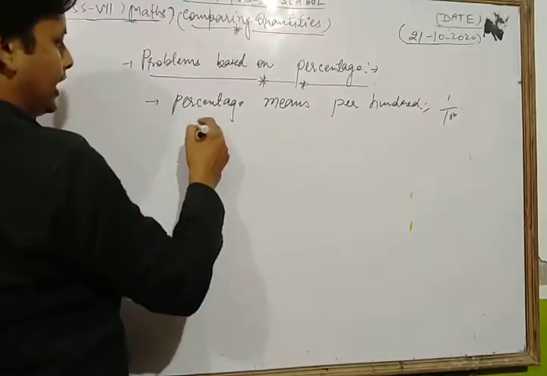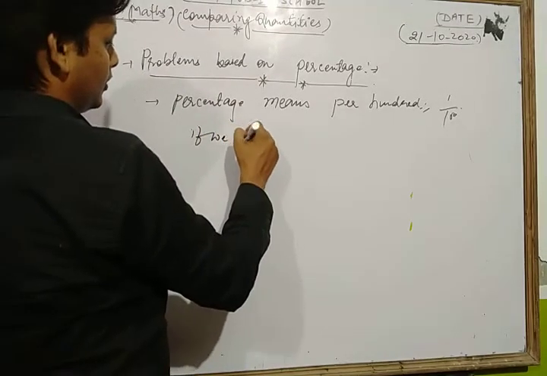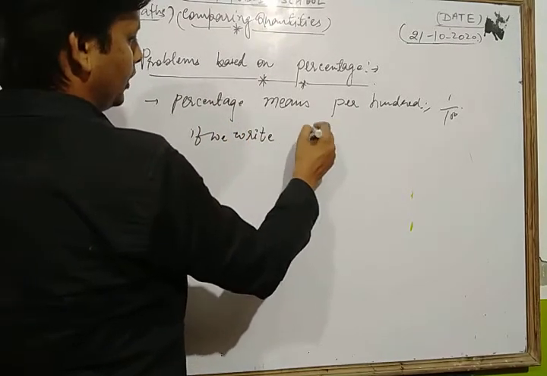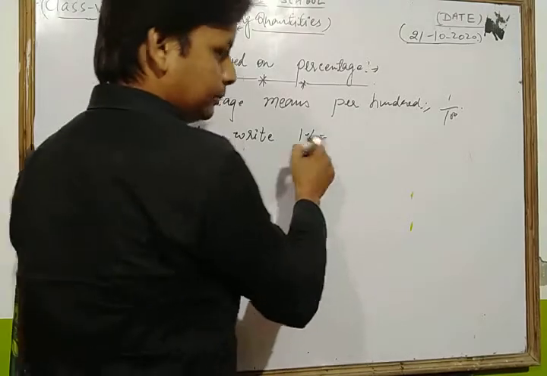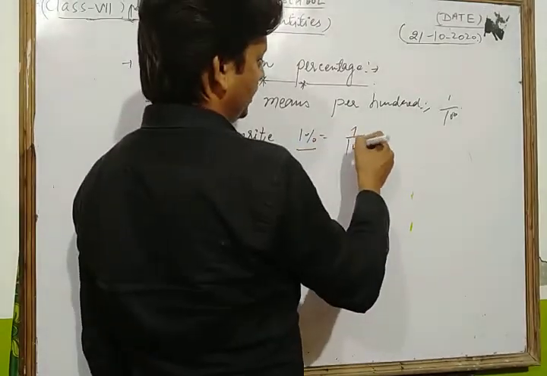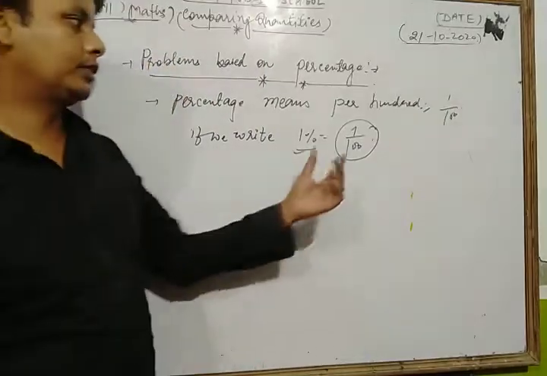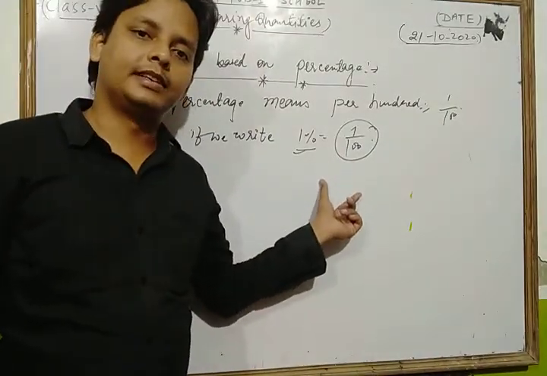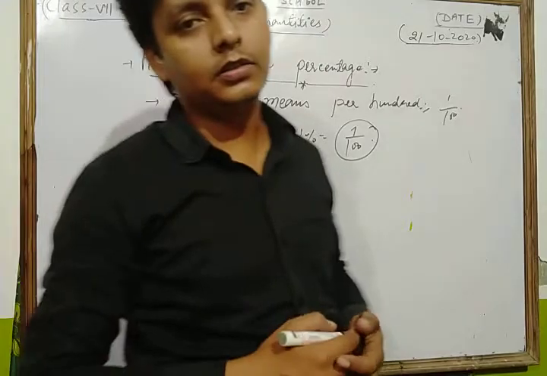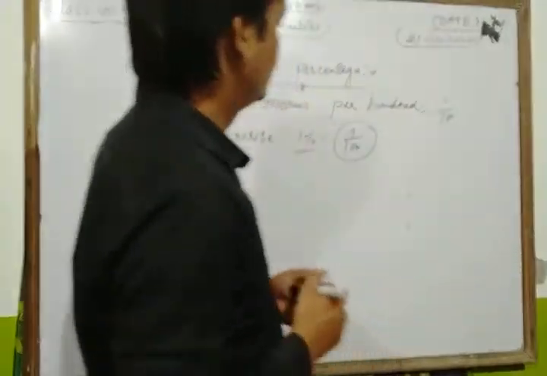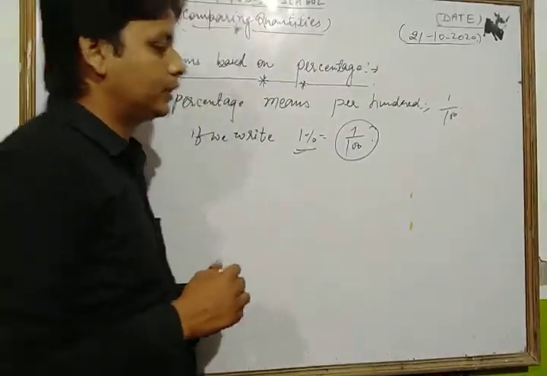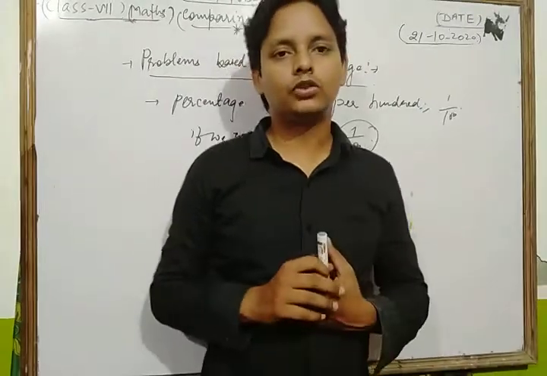Suppose we write 1%, what is the meaning of 1%? It means 1 by 100. So this is the concept of percentage. Percentage means per 100. Now we take and solve some questions of your NCERT exercise based on percentage.